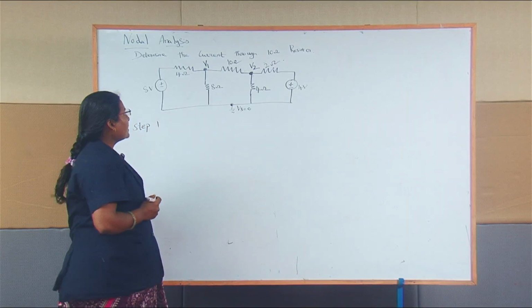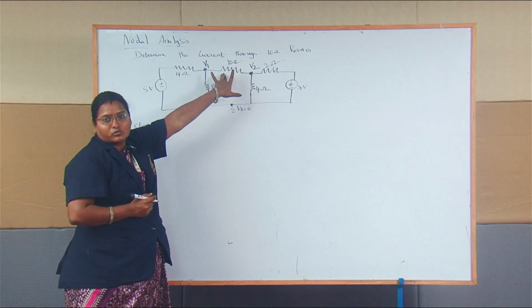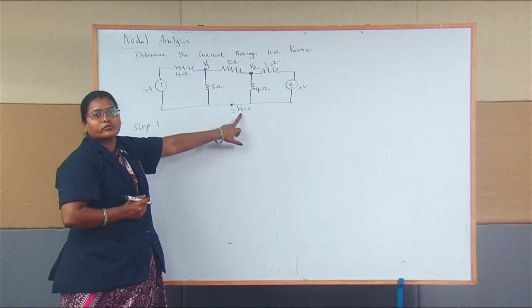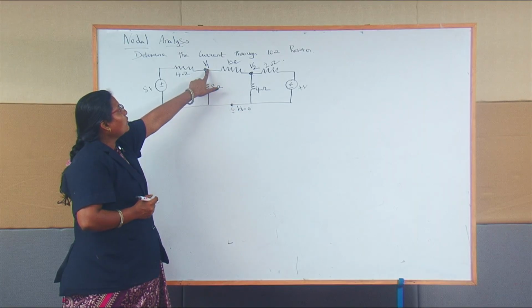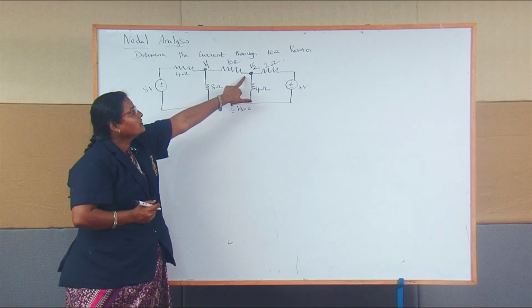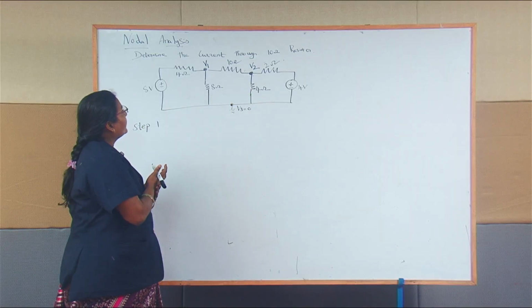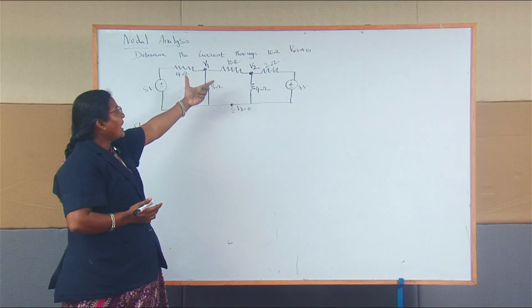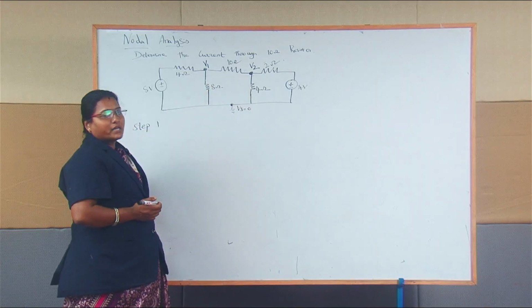You have to consider only these two nodes, 2 voltages. V3 equal to 0 because all the branches going to ground have V3 equal to 0. You have to find out what the voltage is at this node and this node. If you know the voltage across these two resistors, you can easily find the current flowing through this 10 ohm resistor.